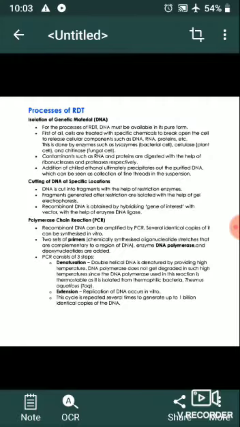DNA polymerase is not affected by such high temperature since the DNA polymerase used in this reaction is thermostable, from the thermophilic bacterium Thermus aquaticus, Taq.